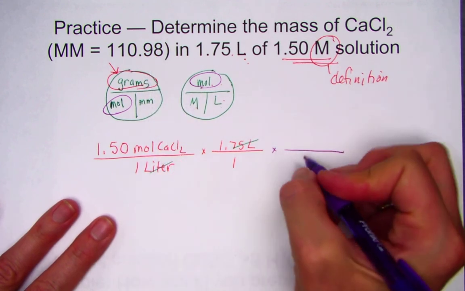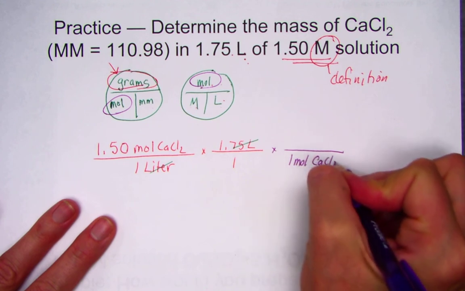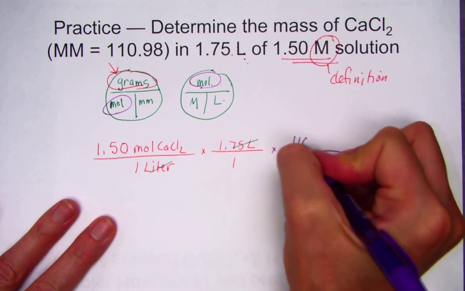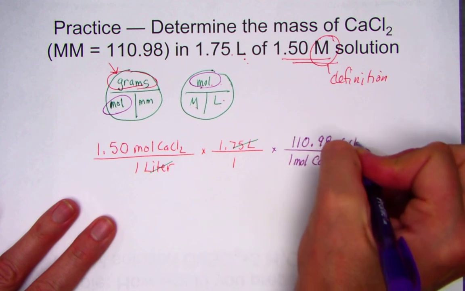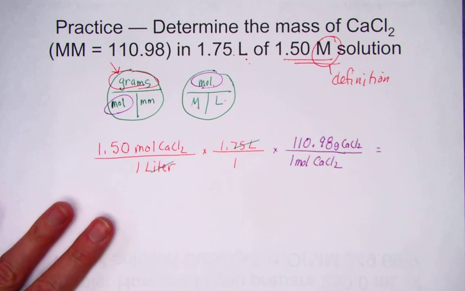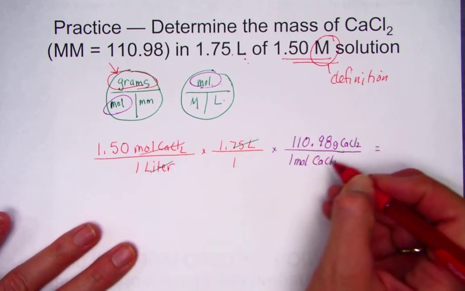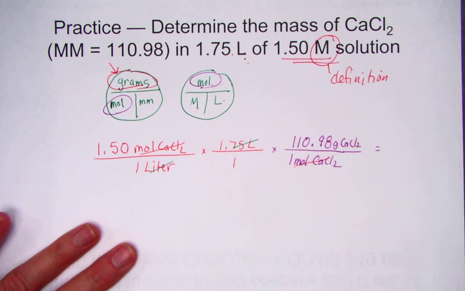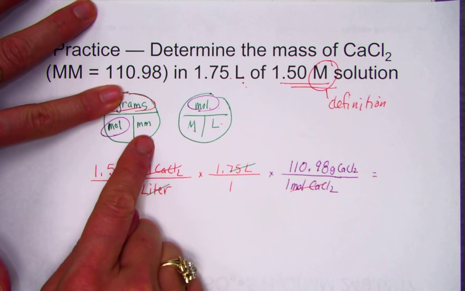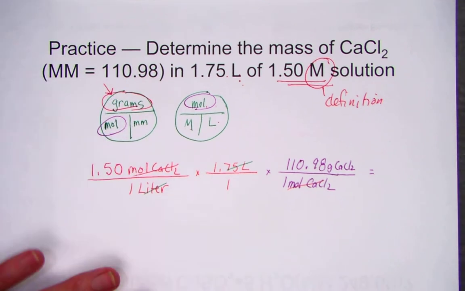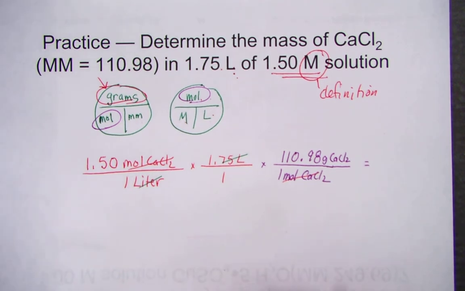Here's what we know. Every 1 mole of calcium chloride would weigh 110.98 grams, the formula weight of rock salt, calcium chloride. Notice now, moles cancel and we're at the mass unit. All we've done is said that mole number times molar mass pulls out grams. This dimensional analysis helps me see unit cancellation.